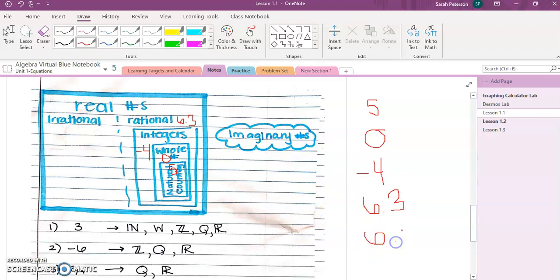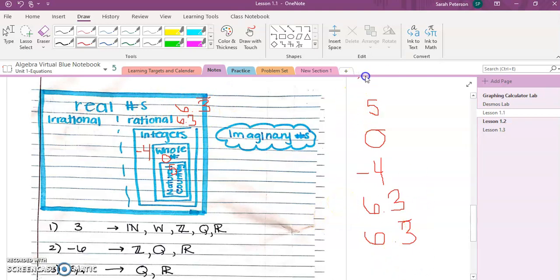6.3 repeating, that is also rational because it repeats. So what would make it irrational is if it never ended or it never repeated. But in this case, the repeating sign is there, so I know it's a rational number, and it's real.